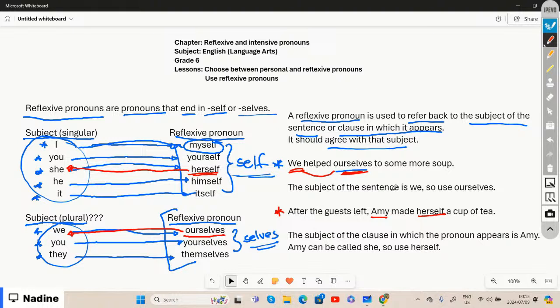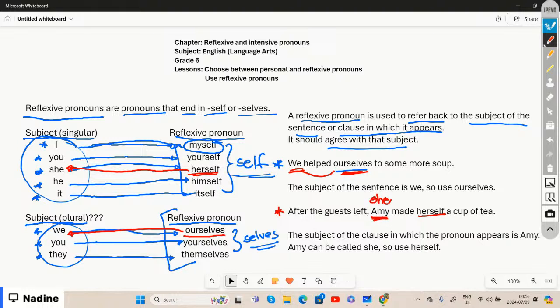So if we were to substitute the word Amy, we can then look at the pronoun. The pronoun of Amy would then be she. So we would say, after the guests left, she made herself a cup of tea. Who is she? Amy, right?